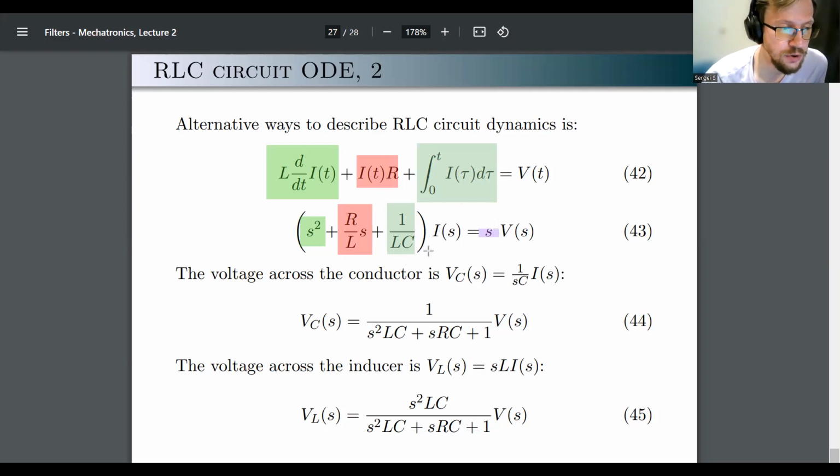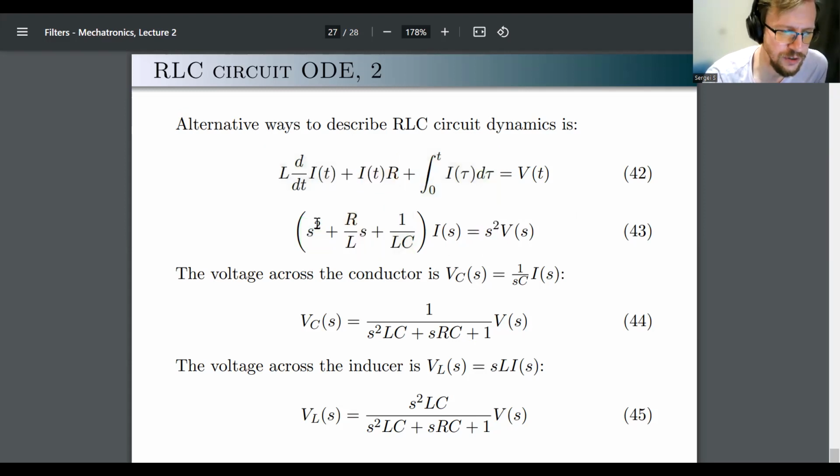Now we can compute the voltage across the capacitor by remembering that we should... here I skipped, I guess, the part where we get the final transfer function, which is unfortunate.